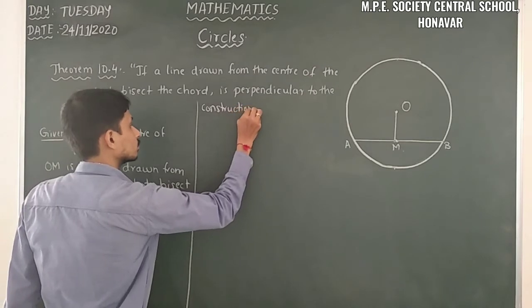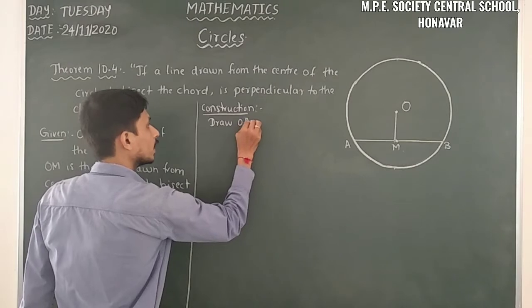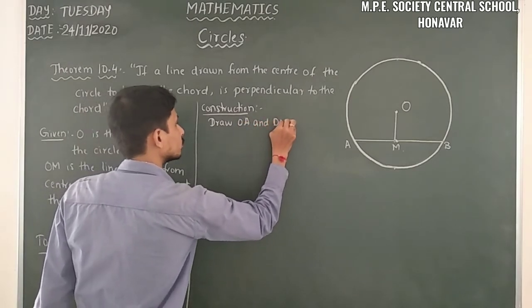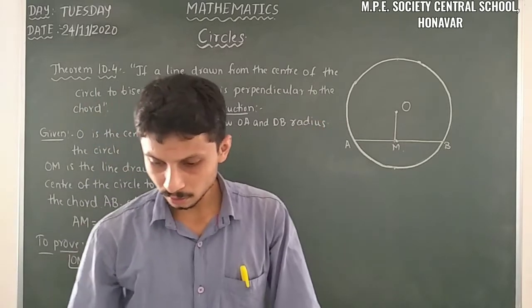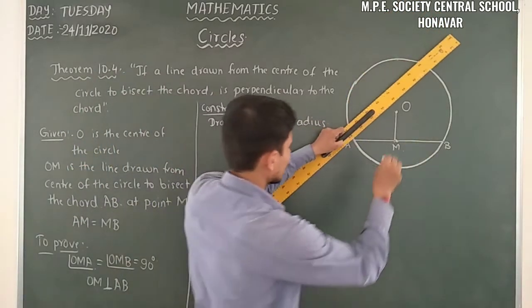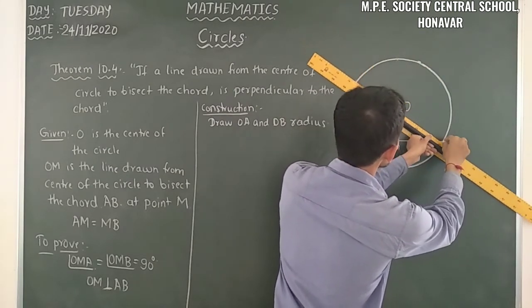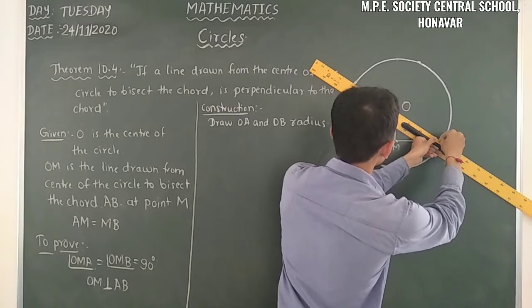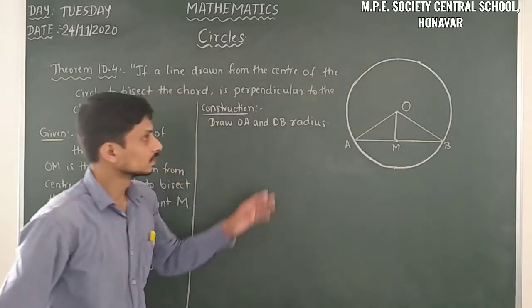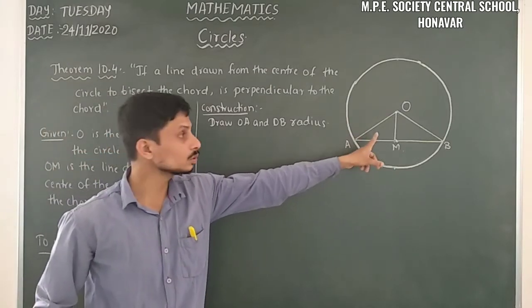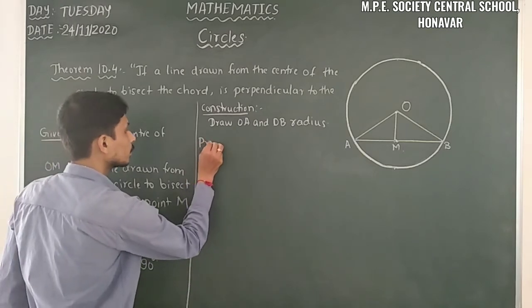Construction: draw OA and OB as radii. Then we have two triangles here, so we have to consider these two triangles. Let us take the proof.